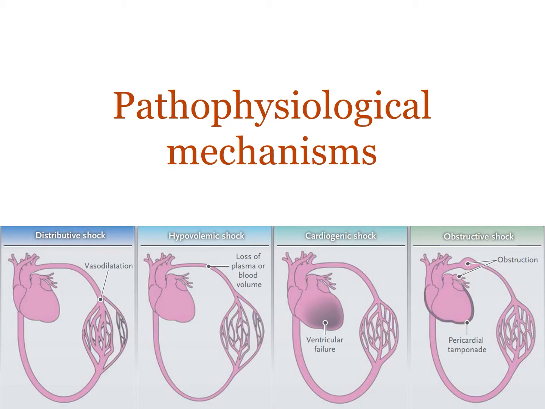The second mechanism is a failure of the pump function of the heart that results from a loss of contractility or major arrhythmia, such as ventricular tachycardia or high-degree AV block. The third mechanism is an obstruction due to pulmonary embolism, tension pneumothorax, or cardiac tamponade.